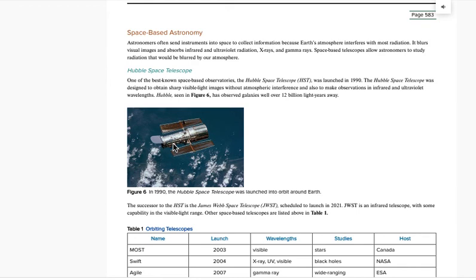So if scientists can bypass all of that by shooting things up into space, either people, satellites, telescopes, then they can get much sharper, more visible pictures without all that interference. So if you want a picture free of interference, you put your telescope up into space.